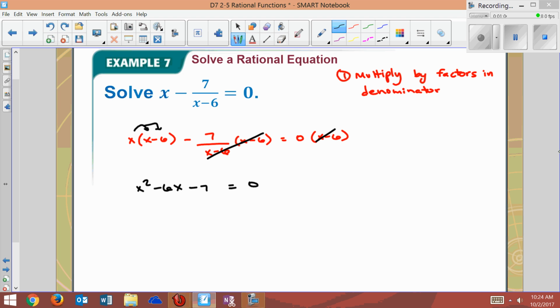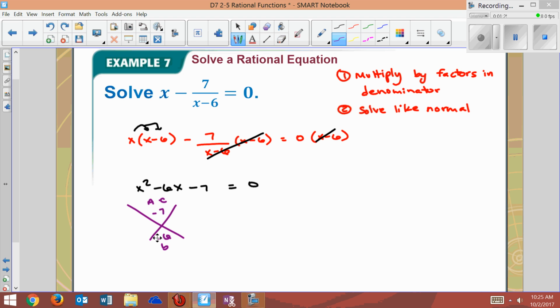From there, I would just solve like normal. That's the best way of describing it. So here I would go through and I would say, this is a trinomial, so I'll try a times c up here. So I'll have negative 7 times my b value down here, which is negative 6.